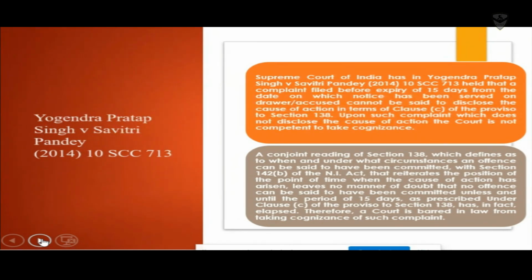Therefore, a court is barred in law from taking cognizance of such a complaint. That means if you file a case within 15 days from the date of receipt of the notice, then the court will not take cognizance of this offence. 15 days time has to be given to the drawer for making payment once he receives the notice.